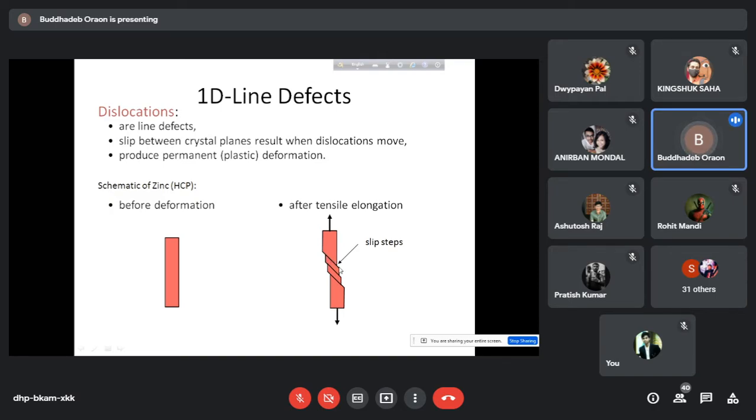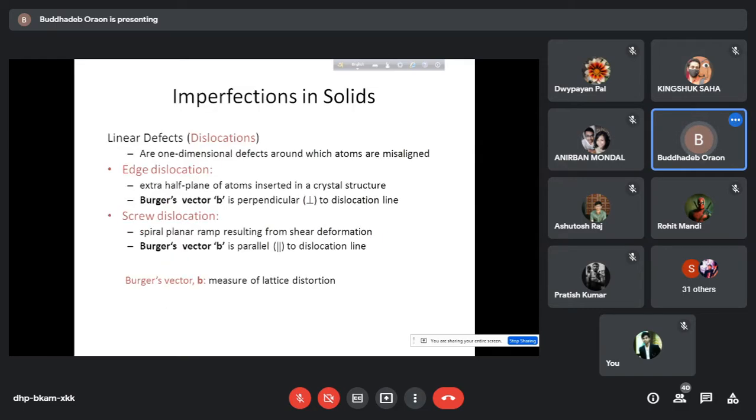Now this slip line is actually because of movement of dislocation lines. It is not easy to understand how this dislocation line moves, so we will have to go deep into the atomic structure. We will try to visualize it with the help of atomic structure in the subsequent diagrams.